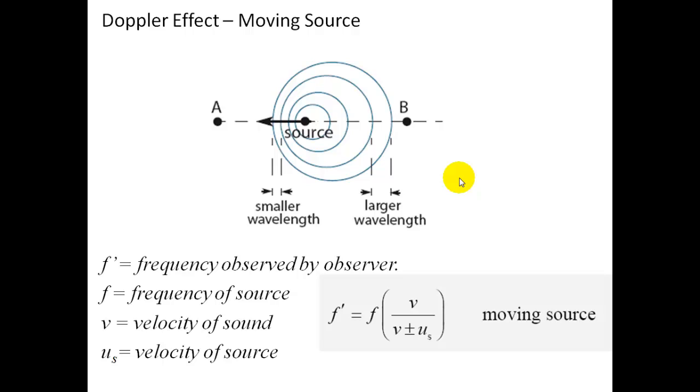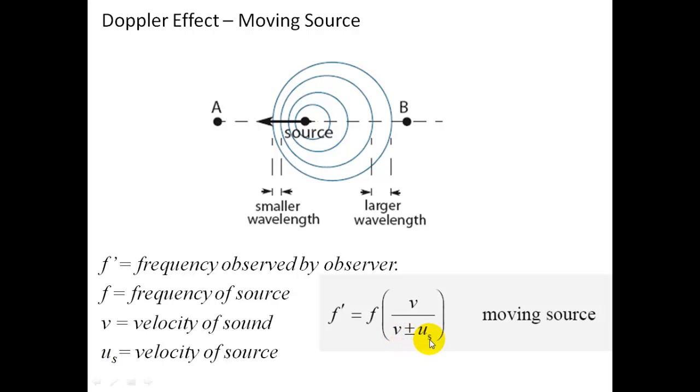Now we need to apply the Doppler effect equations for sound. Remember this one here. We have a moving source. We use this equation: the observed frequency f prime is equal to the frequency of the source f, times v, the velocity of the sound, divided by v plus or minus us, the velocity of the source.